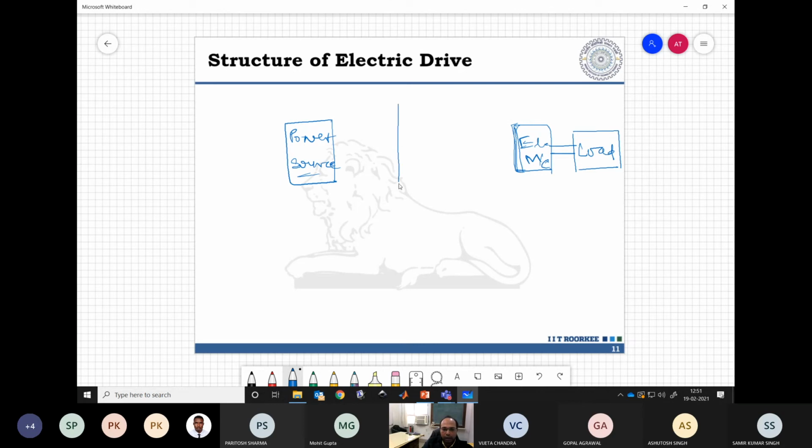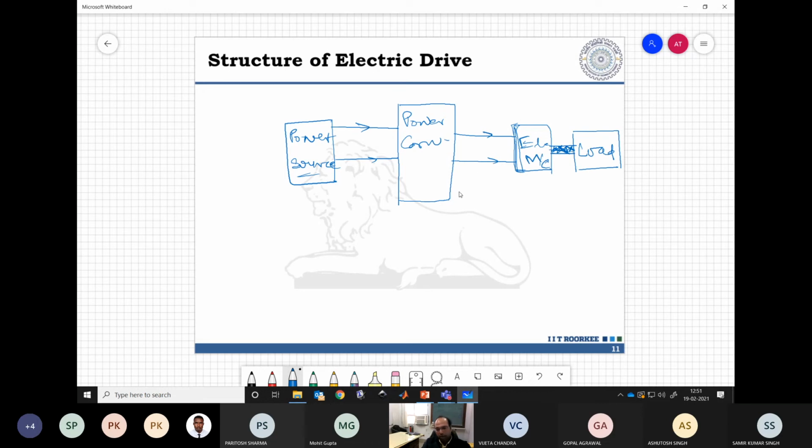So we have to have an interface which is called power converter or power amplifier or power actuator, whatever name you want to call it. This will be taking power from the electrical source, and it will be feeding the electrical machine. And then the electrical machine would run the load.